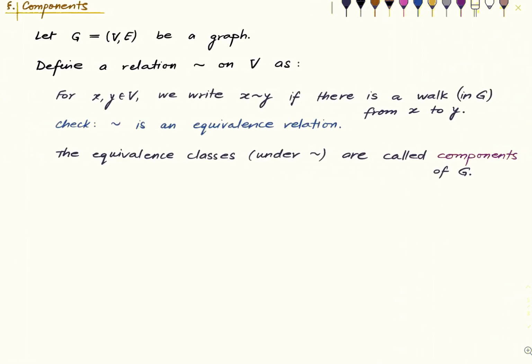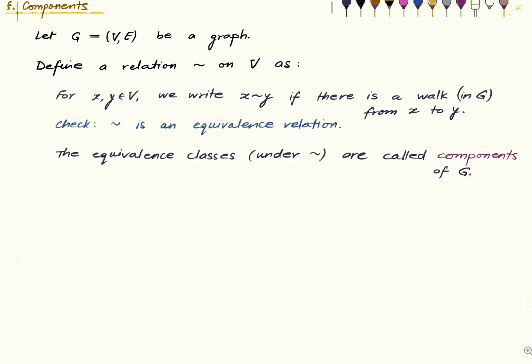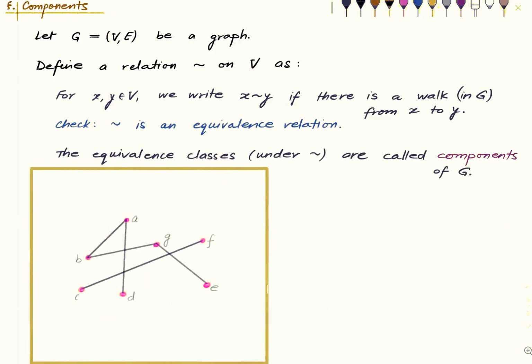So, yeah, I should take some example here. Somehow I forgot about an example, but anyway, I'll take an example and just consider this graph. So let's say this is our graph. So one component is the following. These two vertices, they constitute a component because they form an equivalence class under the relation tilde.